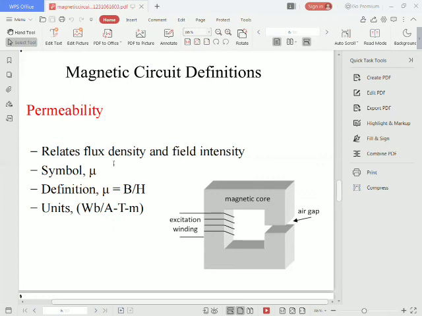For any material, we can define two different types of permeability. First type is absolute permeability, and second one is the relative permeability. Absolute permeability relates the flux density and field intensity. Symbol is mu, and formula is mu equals B upon H. Unit is Weber per ampere turn meter.